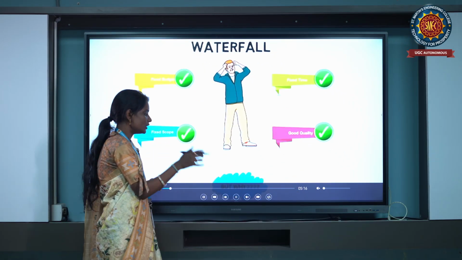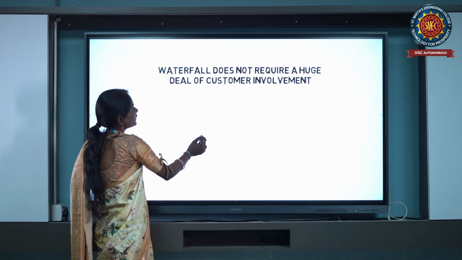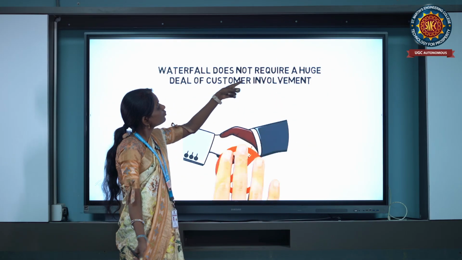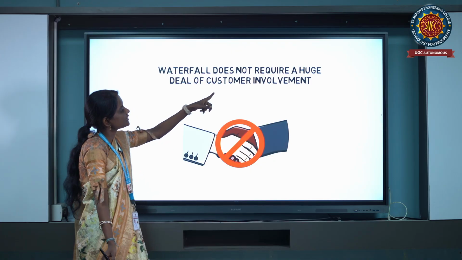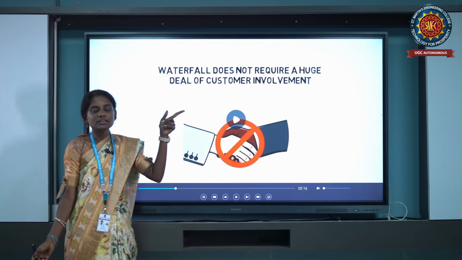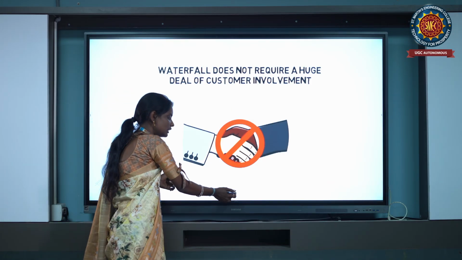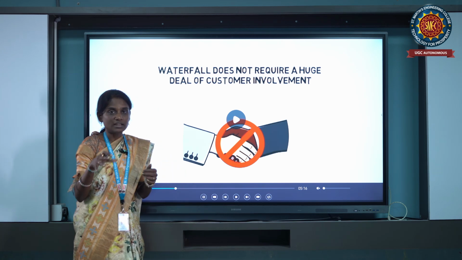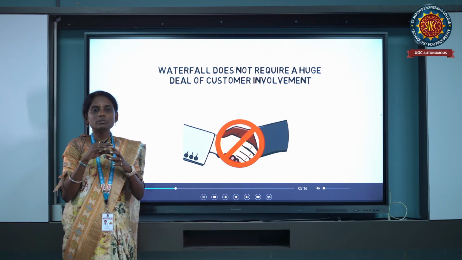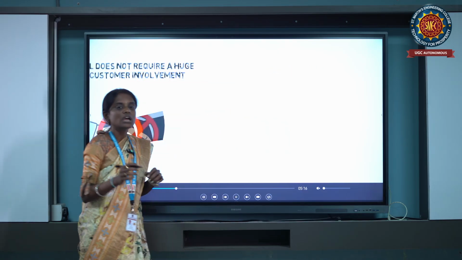See, the waterfall model does not require a huge deal of customer involvement. As there is no customer involvement, it can sometimes lead to failure of the product. If the product fails, there will be a low reputation of the company and they will not get any funds for developing other projects.